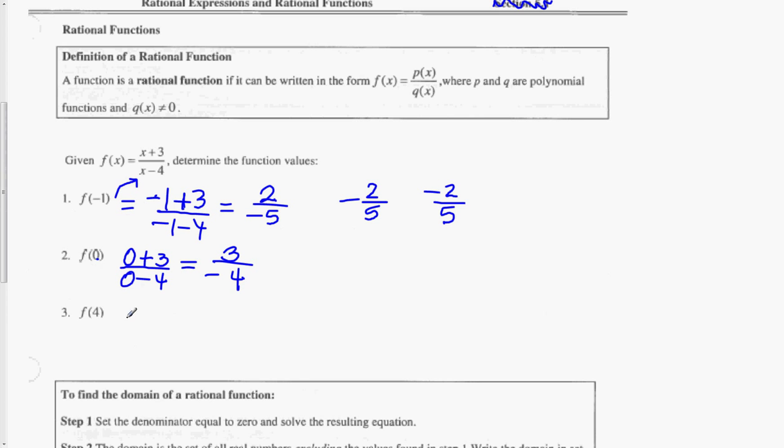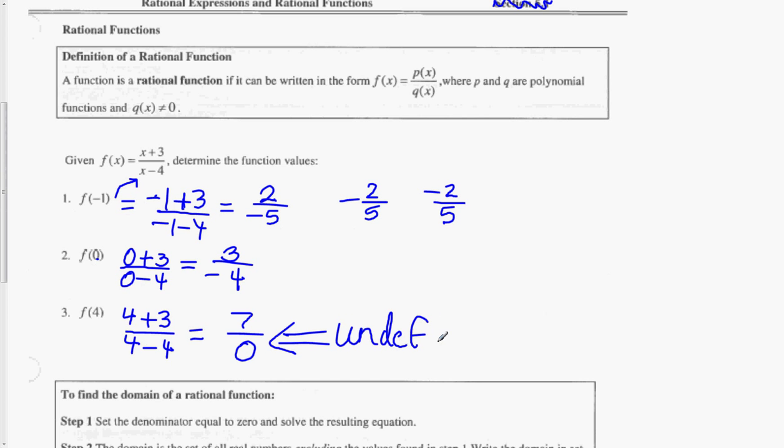Okay, in this next one, you're going to have a 4 to replace x with. So that's going to be 4 plus 3 over 4 minus 4. Well, I'm going to get a 7 on top, and 4 minus 4 gives me 0 on the bottom. That means that answer is undefined because we can't have 0 in the denominator of a fraction.